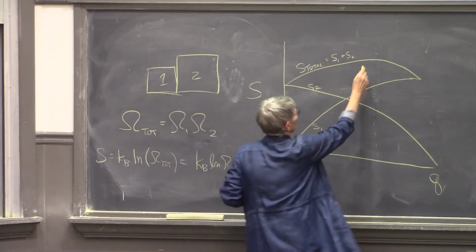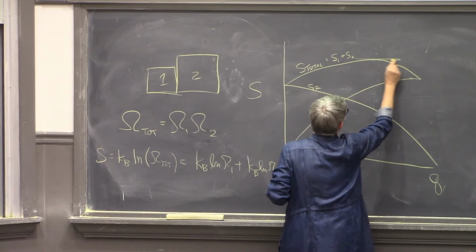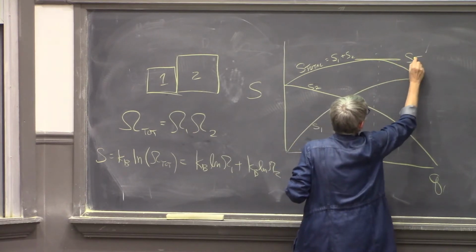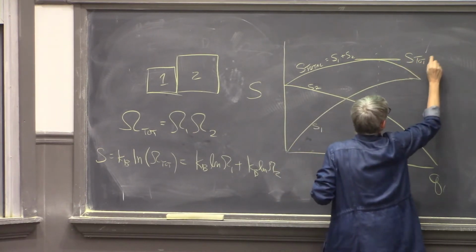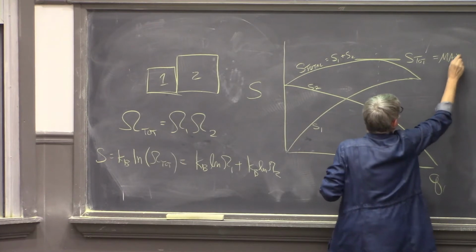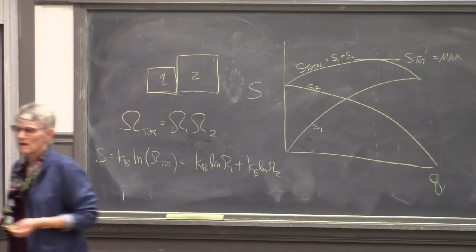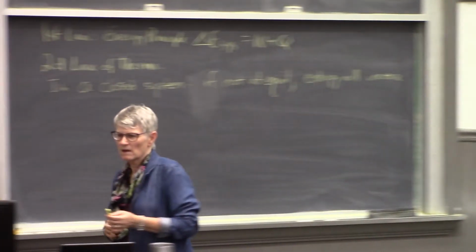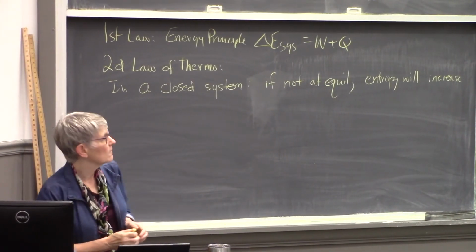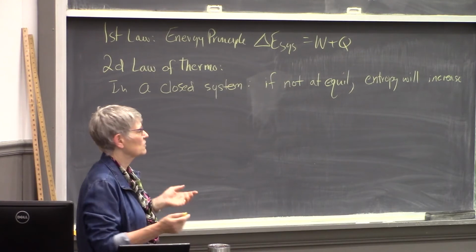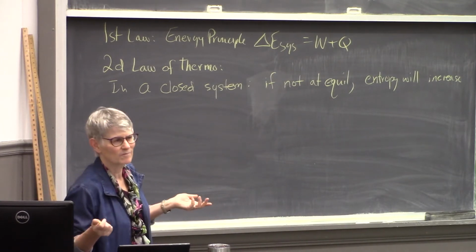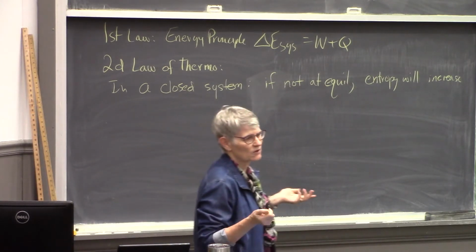And so at some point we have a maximum in the entropy and that's the most probable situation. And of course the slope of the entropy versus energy curve at that point is 0 because it's a max.